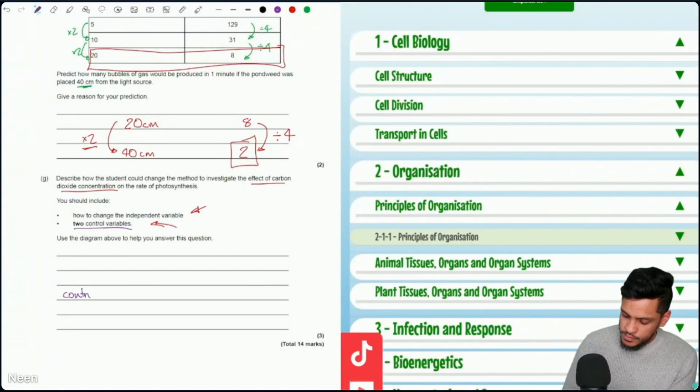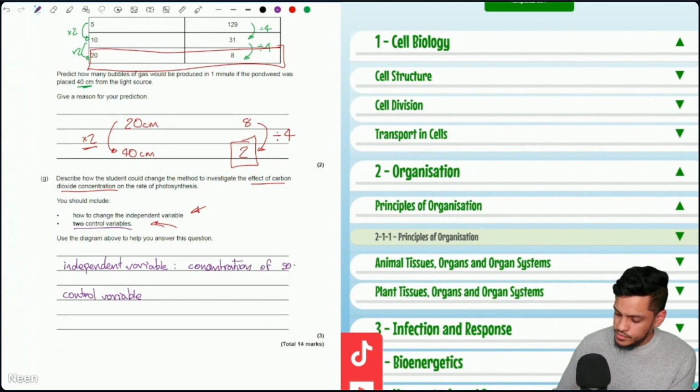So, control variable and independent variable. I've told you what the independent variable is: the concentration of sodium hydrogen carbonate.